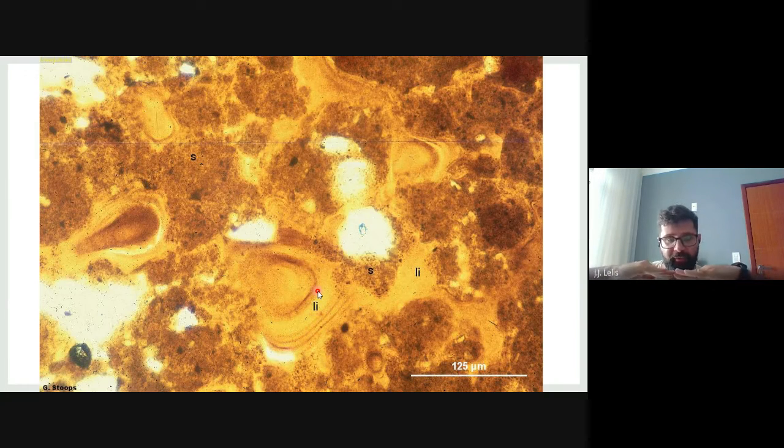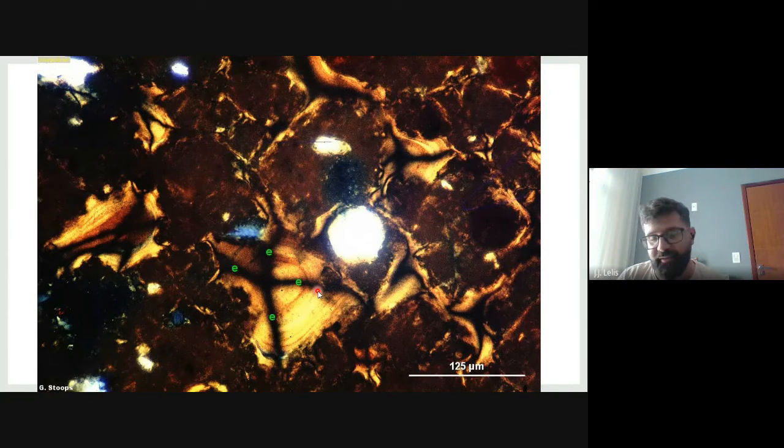I did not register any kind of tectonic change during the formation of this feature, okay? Because they present these extension lines.